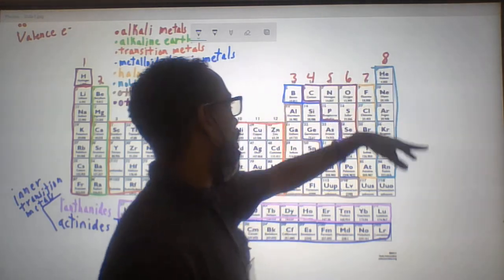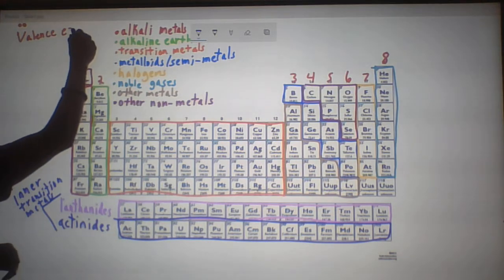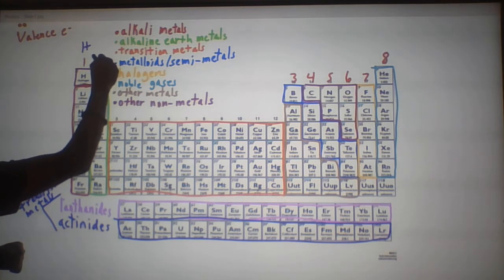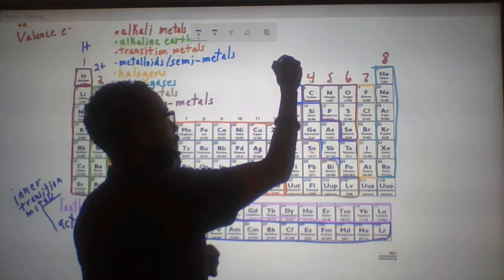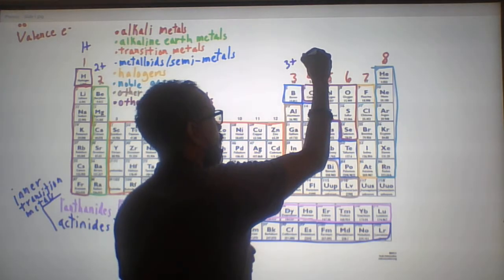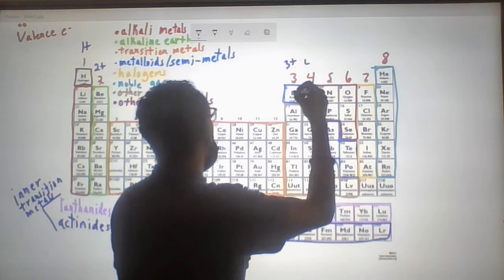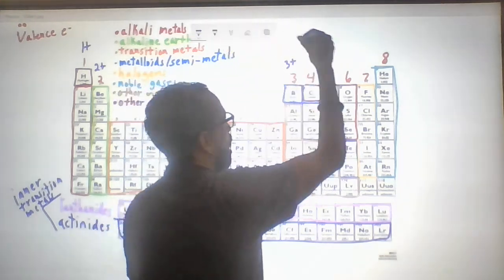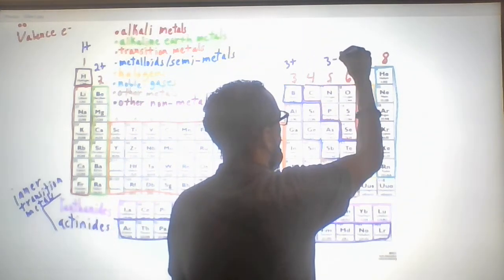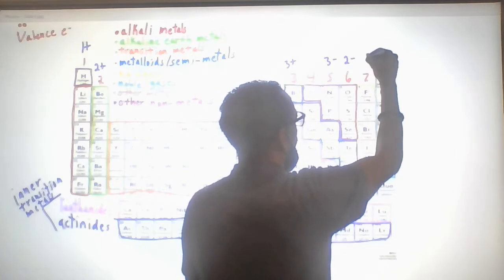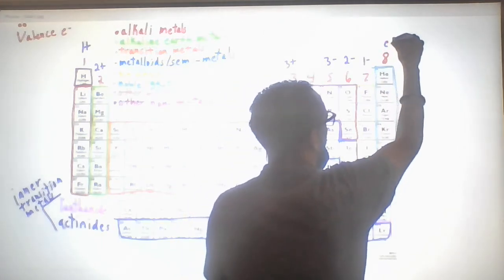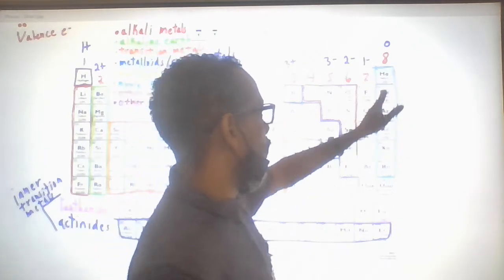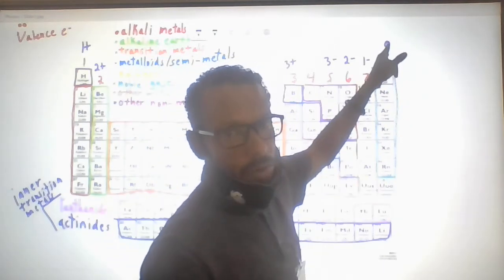So these are negative charges. Then the noble gases don't like to lose or gain electrons, so these have 0 charge. They don't form an ion.